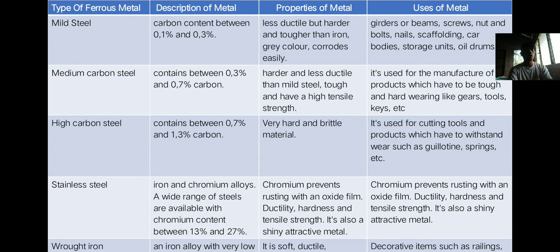Depending on the ratio of carbon and iron, the strength, ductility, and malleability of steel differs. Given that mild steel is very malleable, it lends itself well to steel sheets and car body kits.